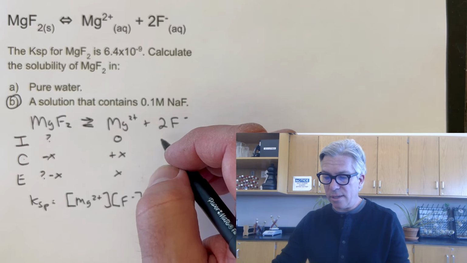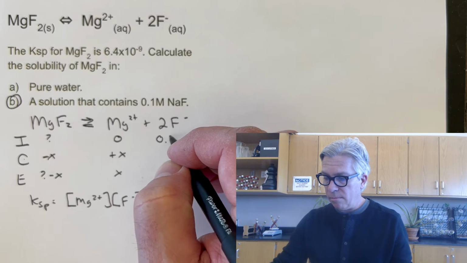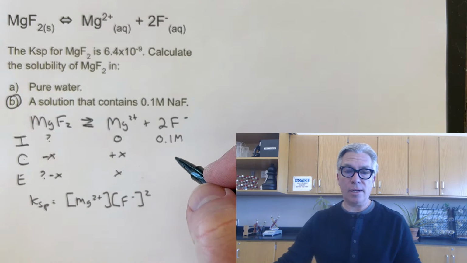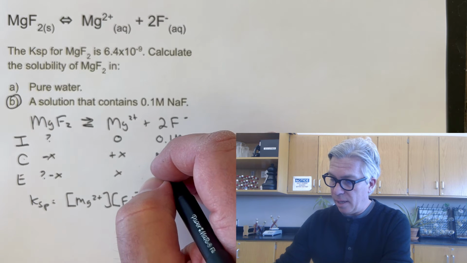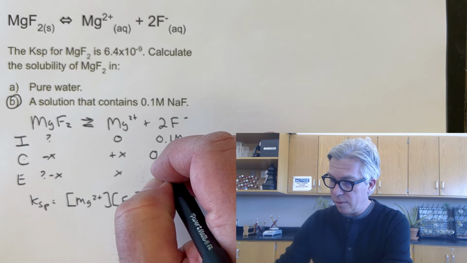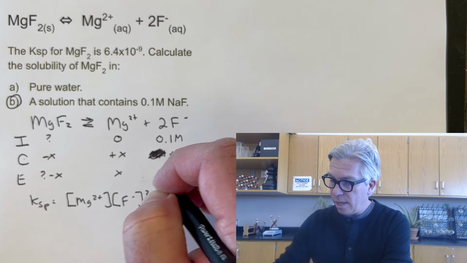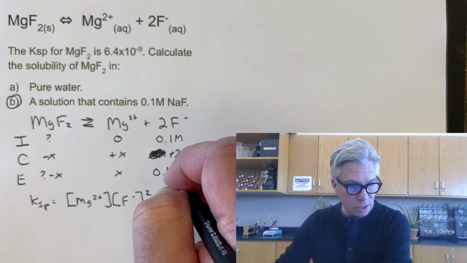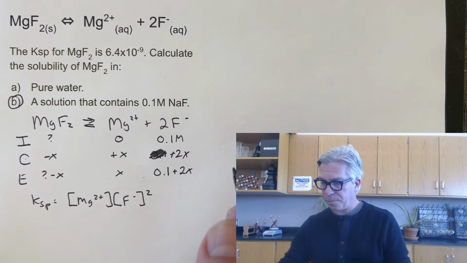So there's actually not a zero starting quantity here. There's actually a 0.1 molar starting quantity for the fluoride ion. That's a big difference. So we're just going to put that in there, and we're going to proceed toward equilibrium. Actually, sorry, it should just be plus 2x. And we're going to end with 0.1 plus 2x as our final amount.